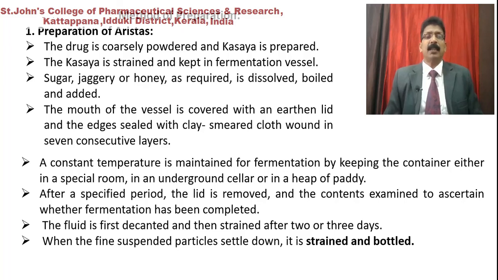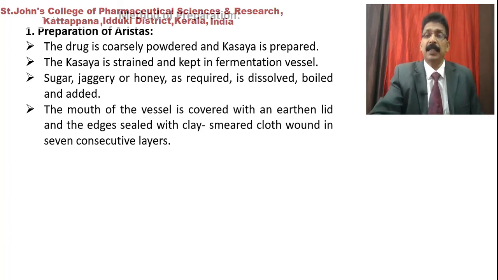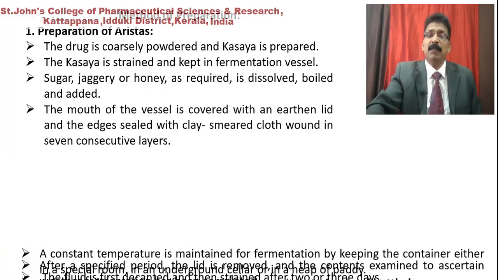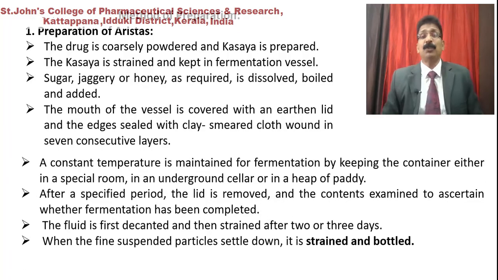The mouth of the vessel is covered, as we showed in the picture, with an earthen lid, and the edges are sealed with clay smear and cloth wound in 7 consecutive layers. You can see it is 7 consecutive layers.